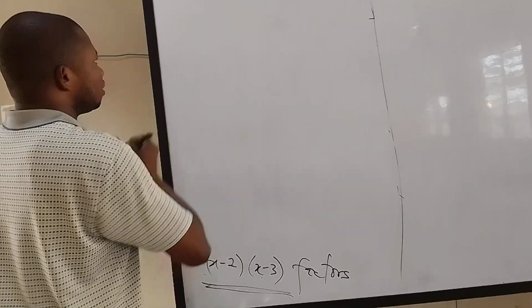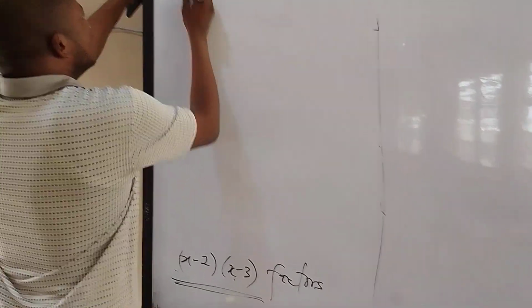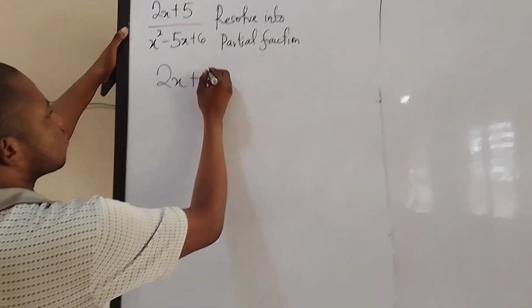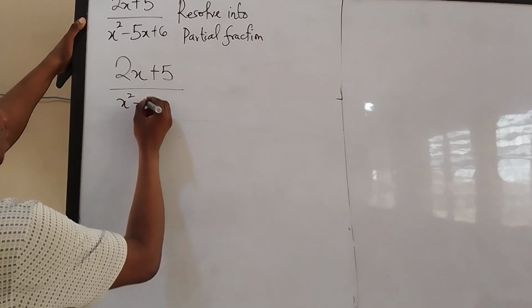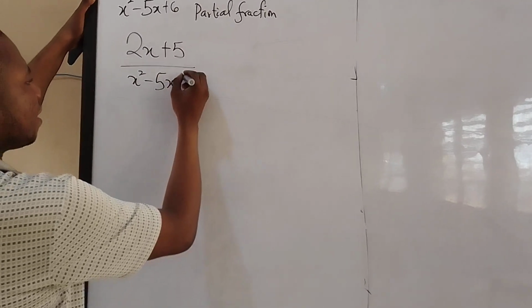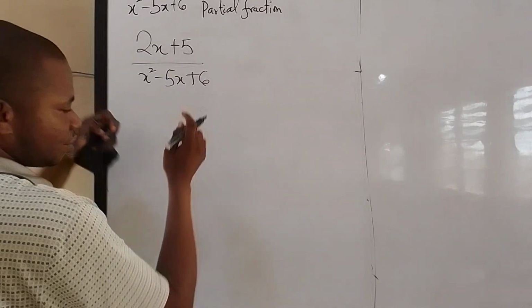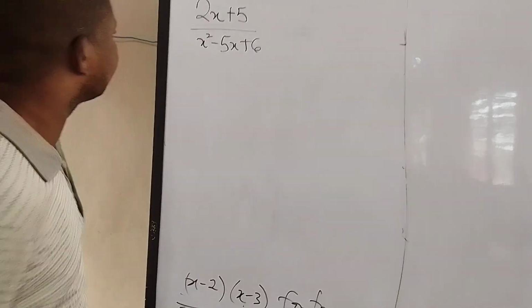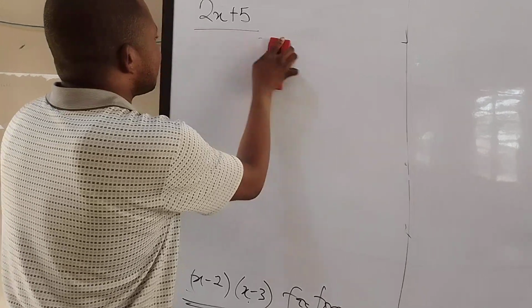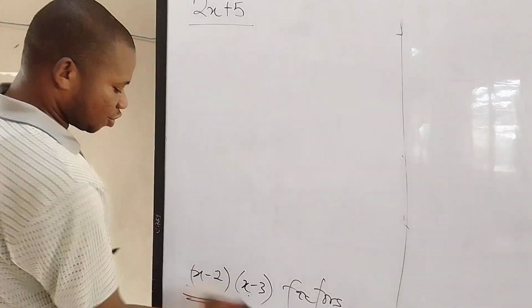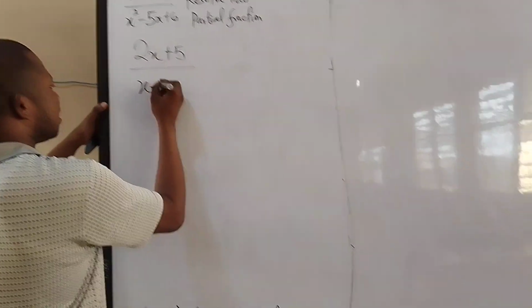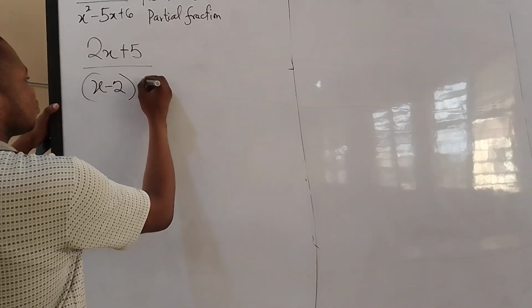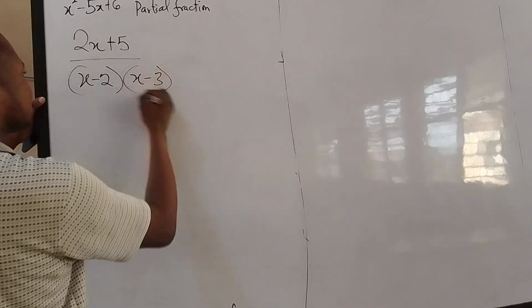So following this, I have 2x plus 5 all over x squared minus 5x plus 6. Sorry, I repeated it. x squared minus 5x plus 6 is this already. So that gives us x minus 2 into x minus 3.